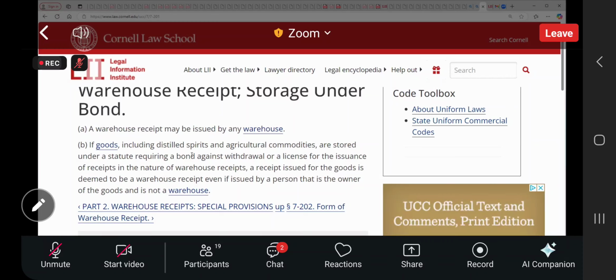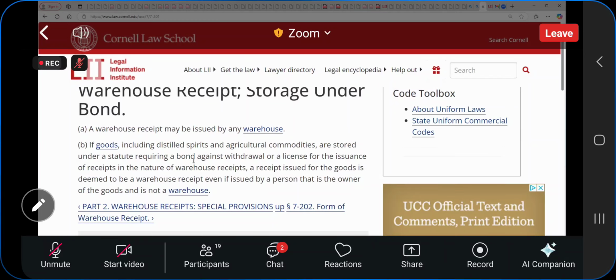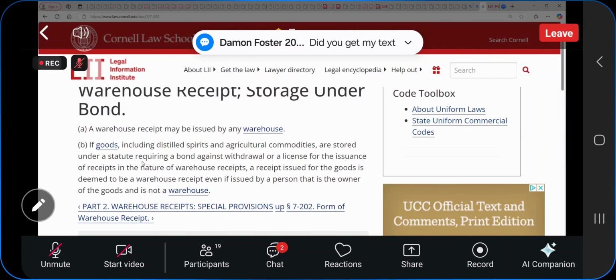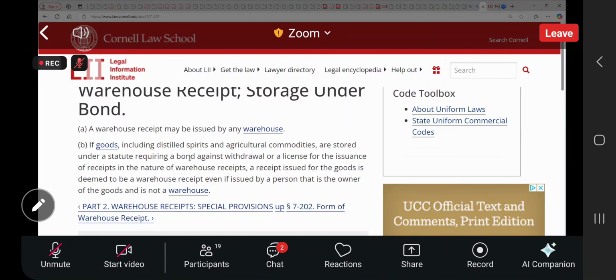B, if the goods include distilled spirits or agricultural commodities, are stored under a statute requiring a bond against withdrawal or a license for the issuance of a receipt in the nature of a warehouse receipt, a receipt issued for the goods is deemed to be a warehouse receipt, even if issued by a person that is the owner of the goods and is not a warehouse.